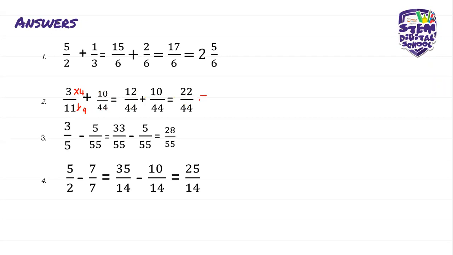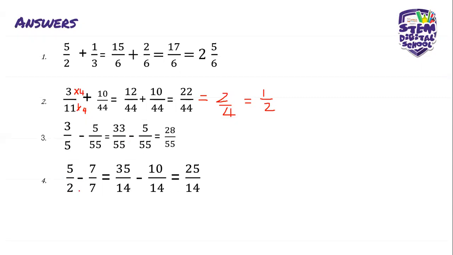If I simplify this, I'm going to have 2 over 4, which is equal to 1 over 2. Why? This divided by 11 and this divided by 11 gives me 2 over 4. This divided by 2 and this divided by 2 gives me 1 over 2.